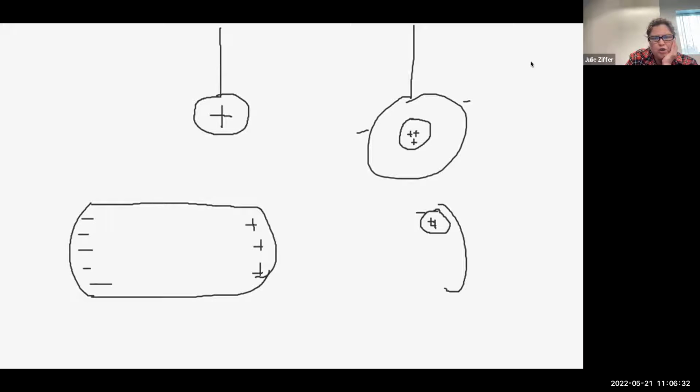And so we just draw this like that. So a situation like this, we will just put a plus sign to show that there's more protons than electrons on this side.